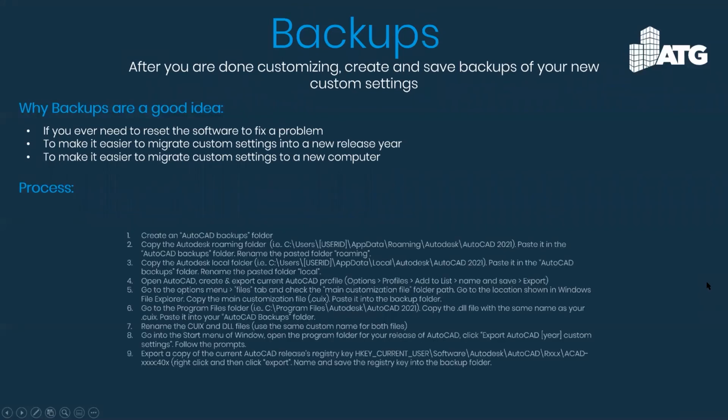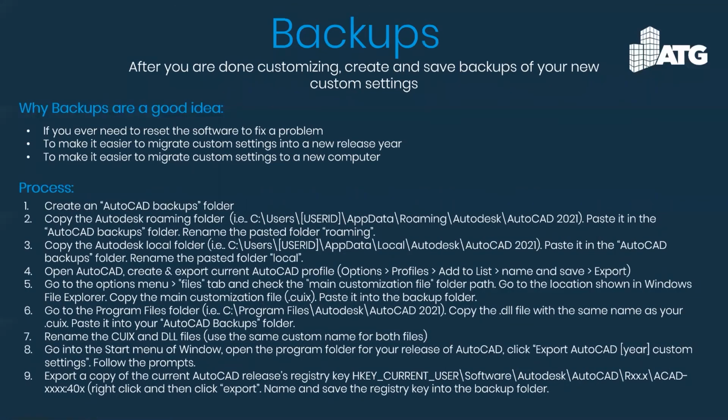This is all about backups. I know this is a bit of an eye chart, so we're just going to cover this together in the actual software. But I will have this in the handouts.